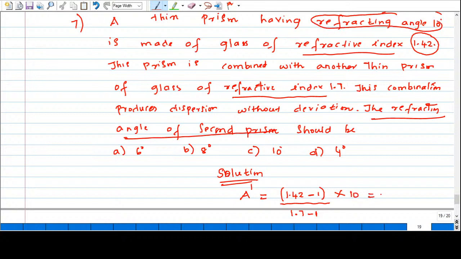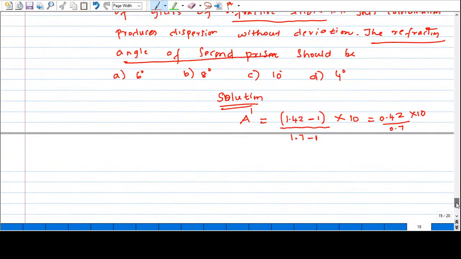If we simplify this, we get 0.42 divided by 0.7 into 10. Then if you simplify this, that is 4.2 into 10 by 7, I can divide it by 0.6. So our answer will be 6 degree. The option lies in option A.